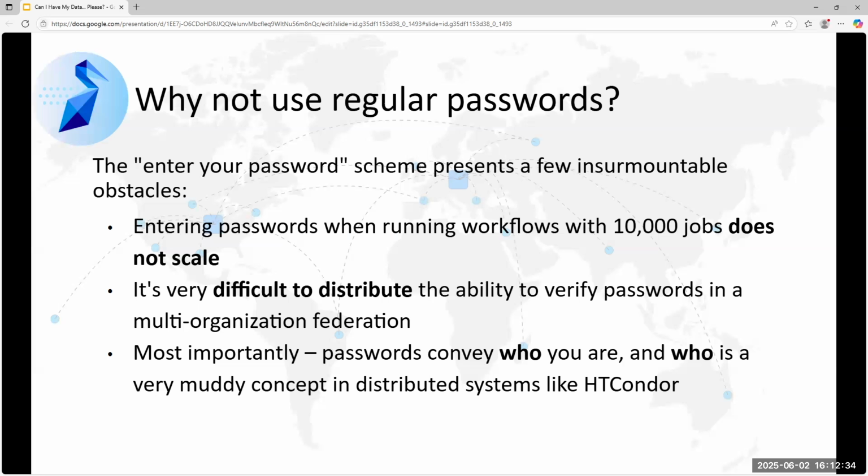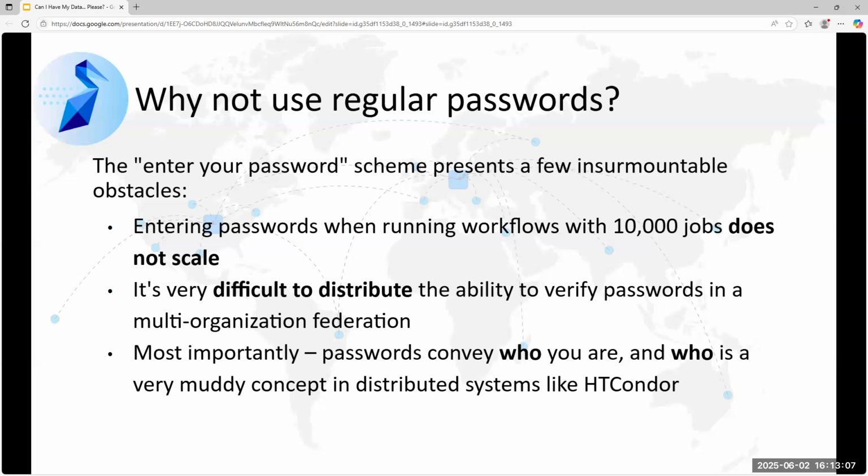And the other part, I don't know if you're going to touch it, is that the whole question of authorization in Pelican is not only at the origin, it is also at the cache. So all the information about association between identifier and password has to be distributed across all the caches, not only on your origin.